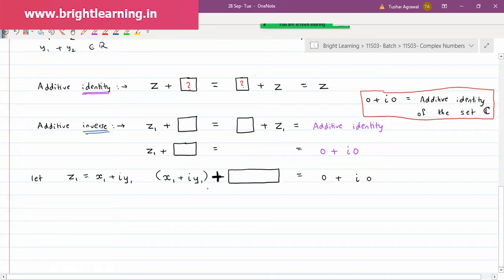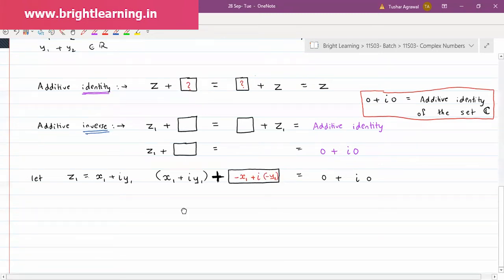We add part by part, real part to real part, imaginary part to imaginary part. x1 plus something should give me 0, so the answer is minus x1, because x1 plus minus x1 is 0. y1 plus minus y1 will give me the second 0. So my answer is minus x1 plus I times minus y1.